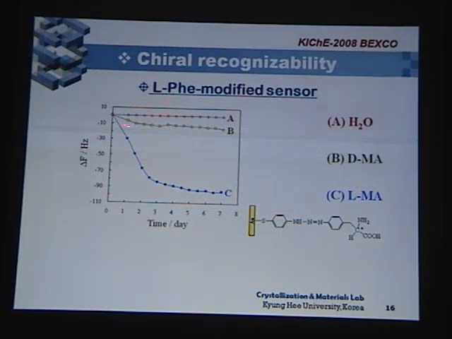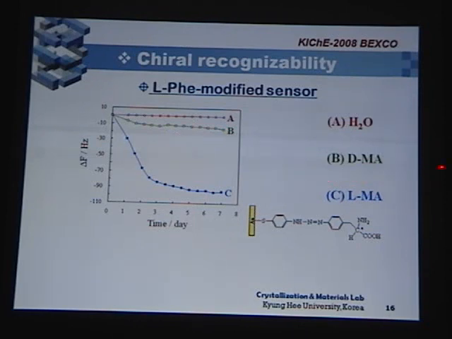For pure water, there is no frequency change. For D-mandelic acid, the frequency only decreased a little during the first 2 days, and after that it remains almost stable, meaning that only a small amount of D-mandelic acid was attached on the sensor surface.